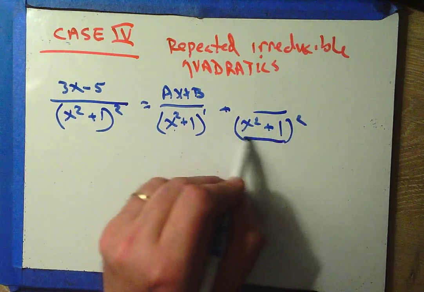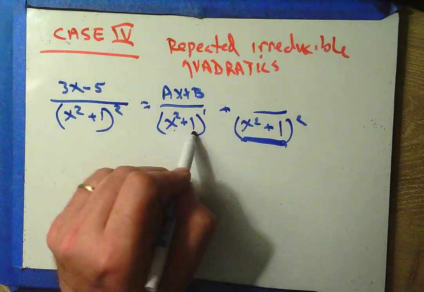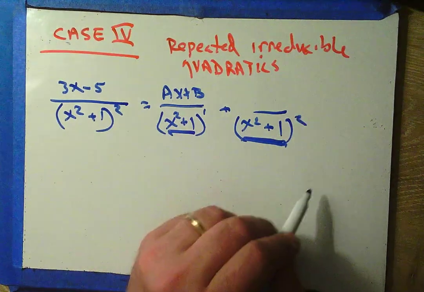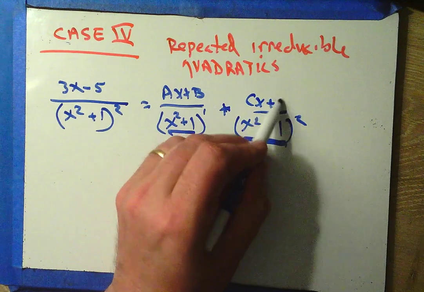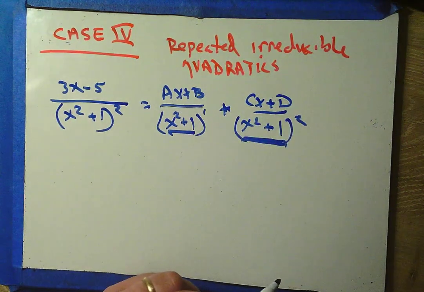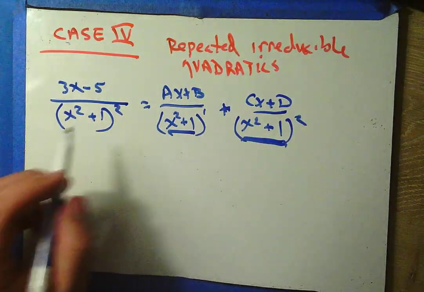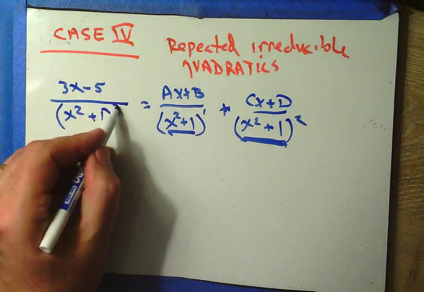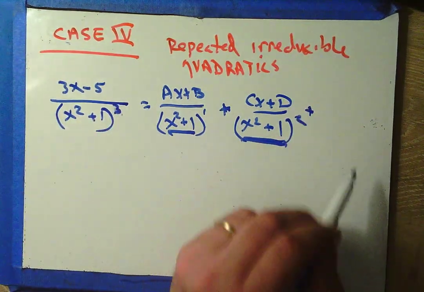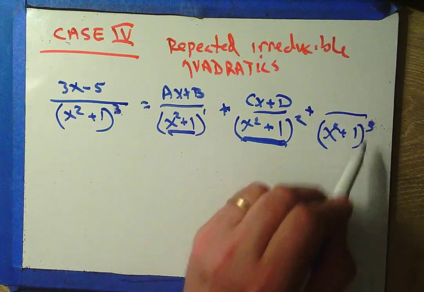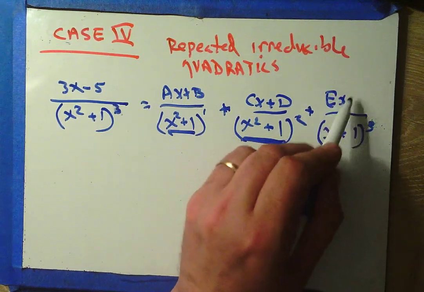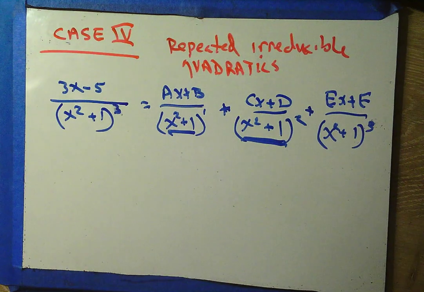No, it's 1 degree less than this thing. This is that factor that's being squared. So we're going to have plus cx plus d. Okay, that's case 4. And if we had a 3 here instead, well, we would just say we're going to have an x squared plus 1 to the third with an ex plus f on top.